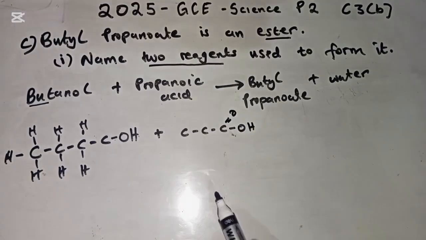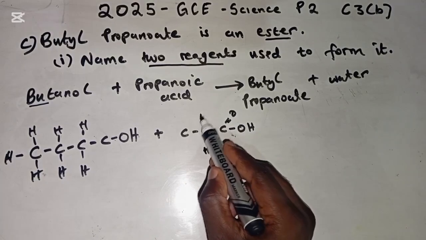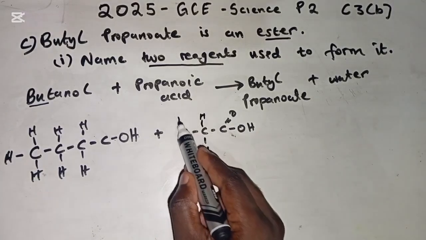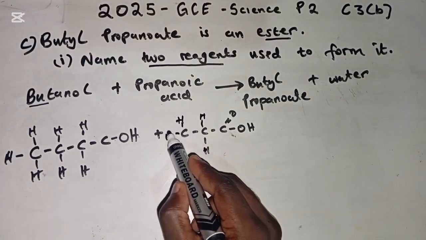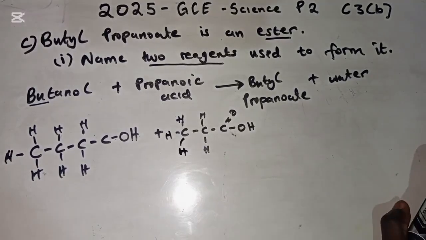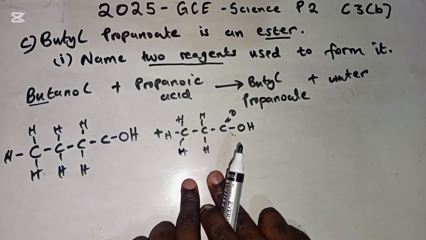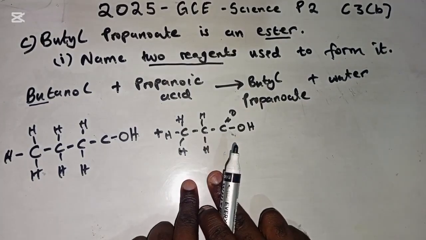This is the acidic group, so this is propanoic acid. Again, if you're not sure how to draw these, just watch my previous videos. So this is butanol and this is propanoic acid.